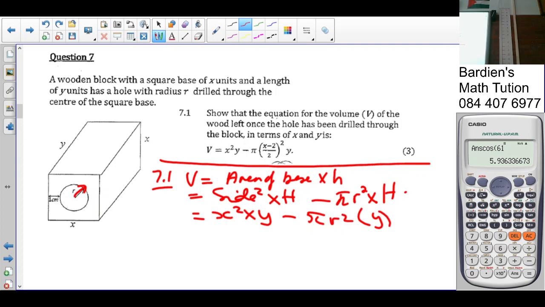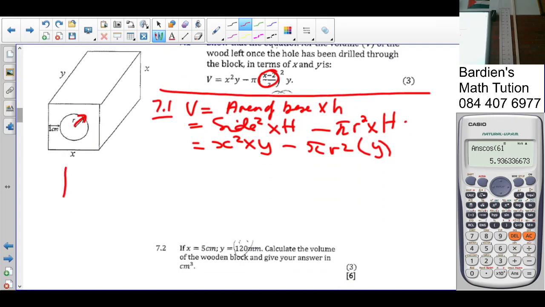Okay. But if you look here, do you see an r squared? No. So I must write r in terms of x. So if you look at the square base here, your square, you got this circle going through here. This is x. That is going to be 1 centimeter there and 1 centimeter here, of course. And the radius r there. So this whole length here is going to be 2r.